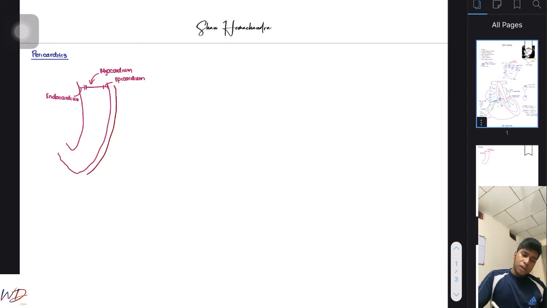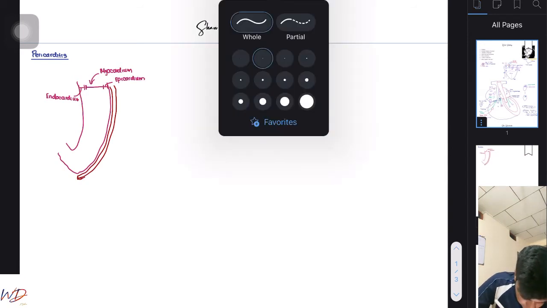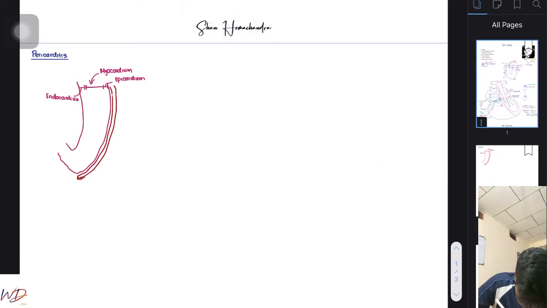And if you participated in our lectures, you should know that the coronary blood vessels that supply the heart travel outer to the epicardium.